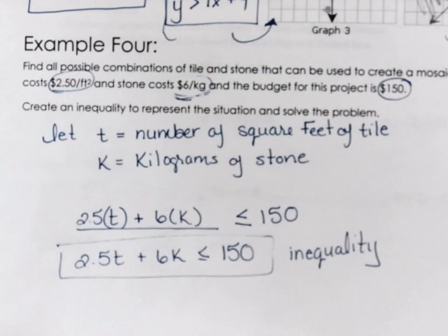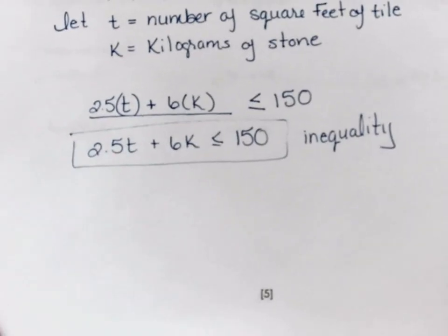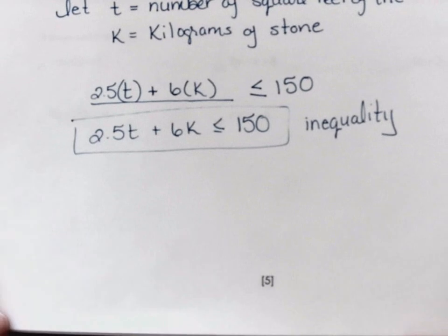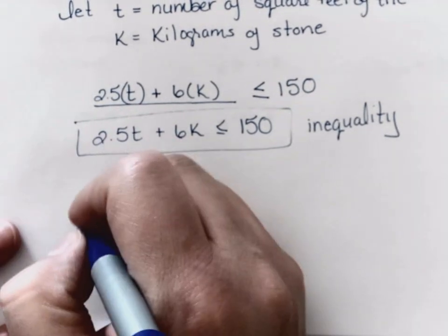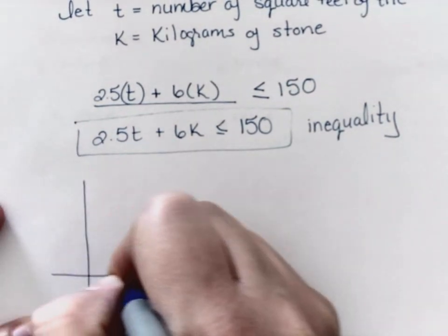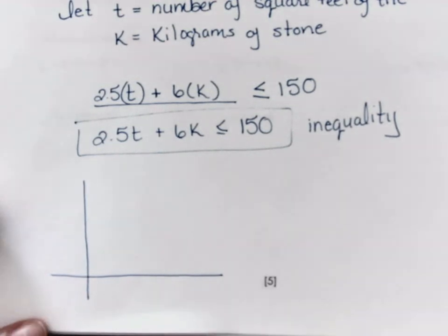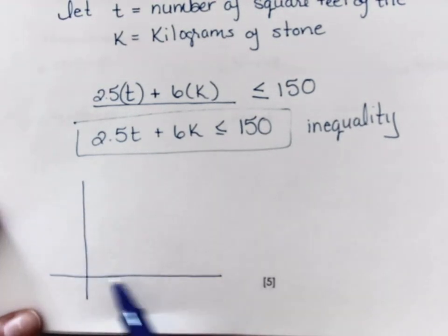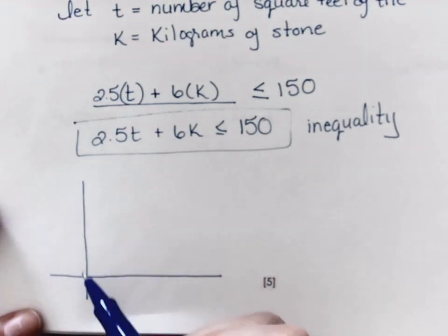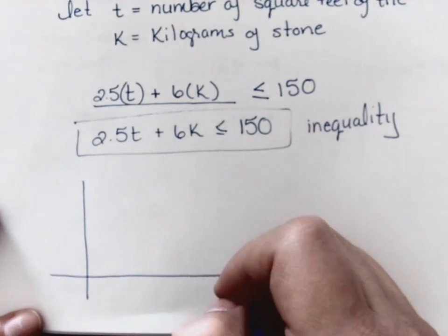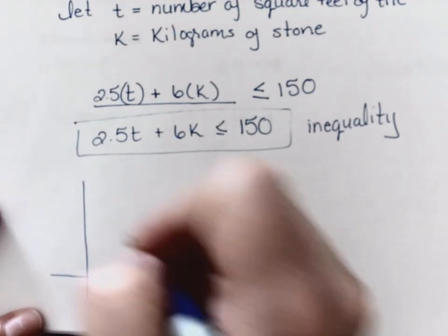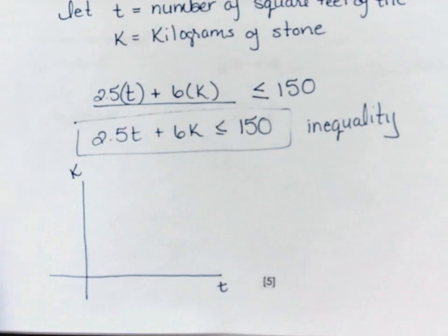So it says solve the problem, and this one is a little bit difficult to solve without a visual representation. So what I'm going to do here is use K and T intercepts. What we know is that our graph can only exist where square feet are positive and kilograms are positive. If you put them on different axes, it's fine too.